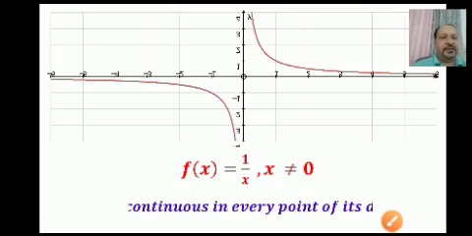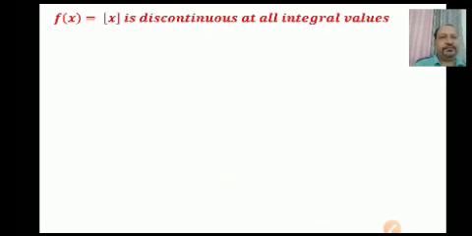Observe this graph, f of x equal to 1 upon x when x is not equal to 0, because when x equal to 0, the function will not be defined. It is continuous in every point of its domain. F of x equal to the integral value of x is discontinuous at all integral values.